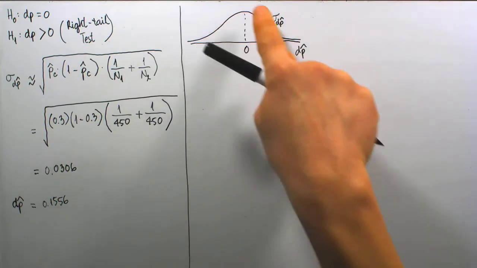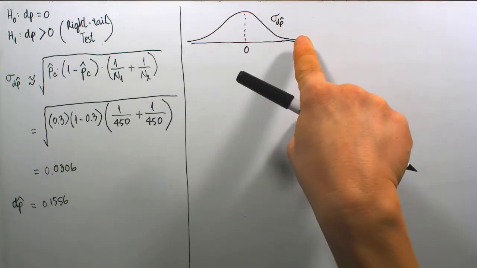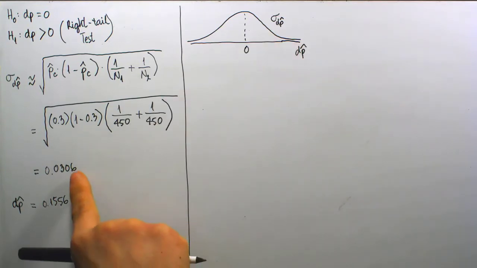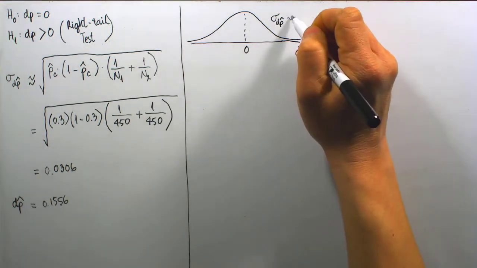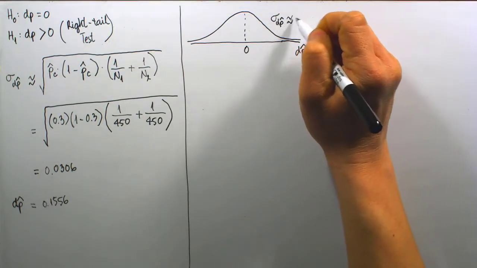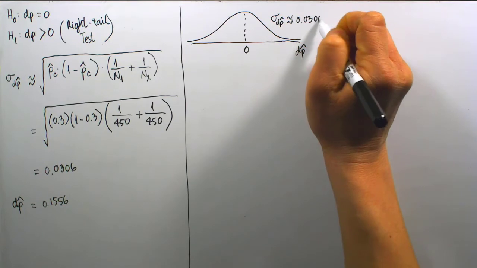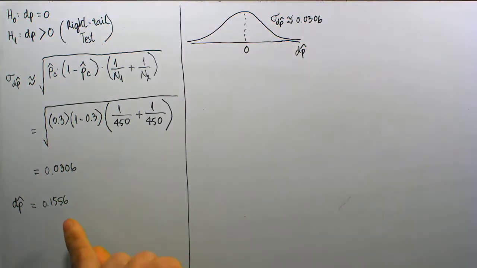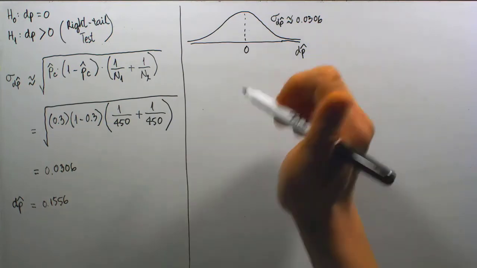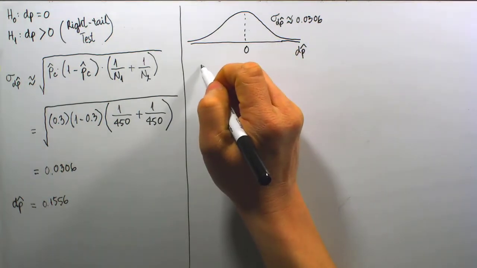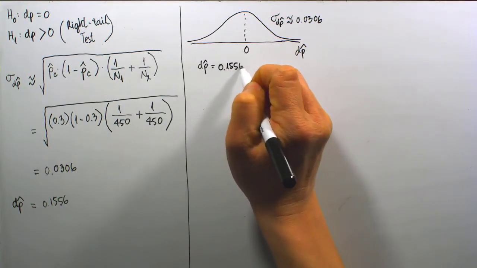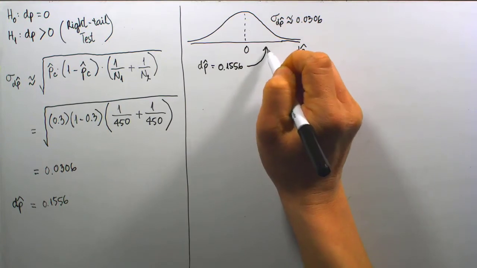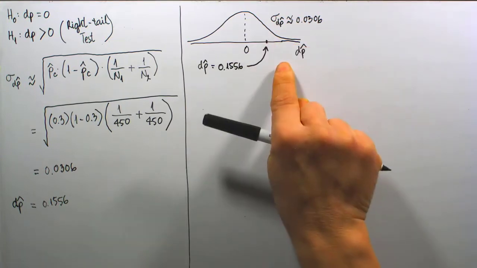And so sigma dp hat is the average spread on this bell curve, and it has this approximate value. So we can use 0.0306 as the approximate for average spread on this bell curve. And now in that way, we can see that our sample value right here, dp hat, found as a positive 0.1556, is found somewhere to the right hand side on this bell curve.